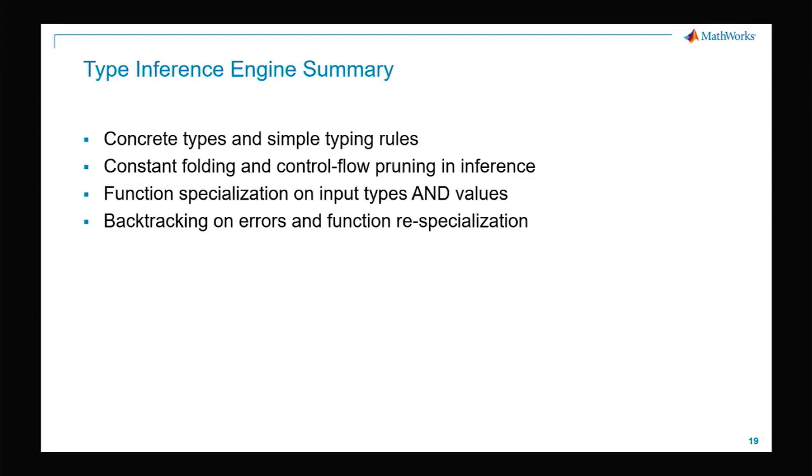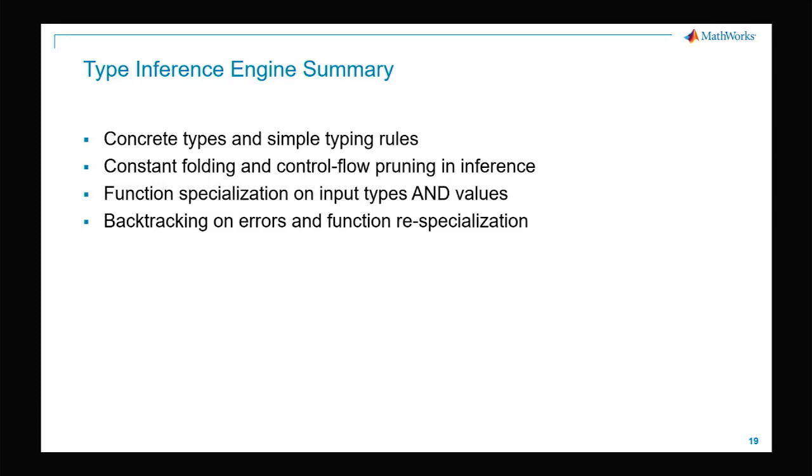So the summary is that we use concrete types, very simple typing rules. Right? We use very aggressive constant folding and control flow pruning in the type inference engine. And these things bounce off each other. So type inference delivers information to the constant folder that helps type inference move forward. Right? Function specialization on types and values. Specialization on values is done kind of reluctantly. Like, let's not do that unless we get an error. Then let's try to do the minimum of it. No good dependency checking.